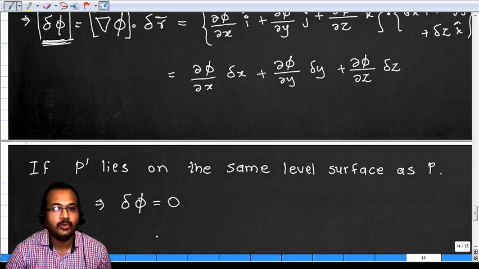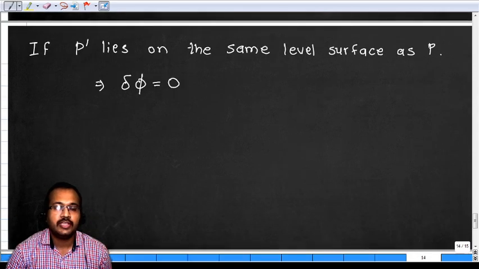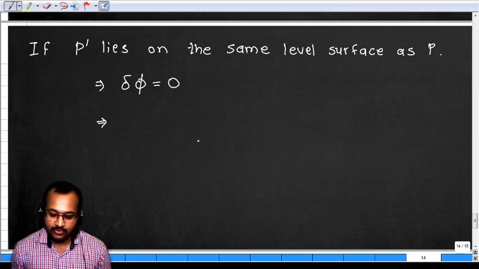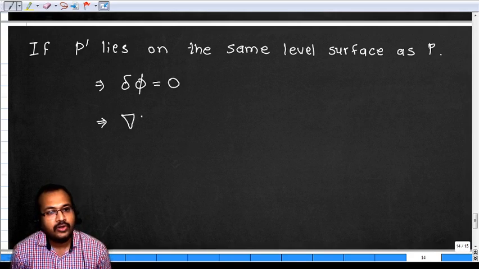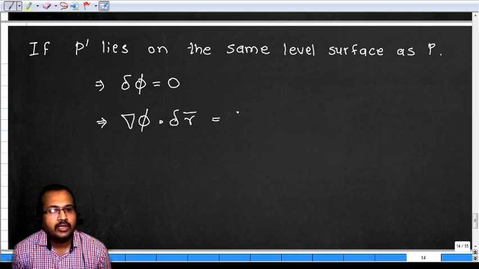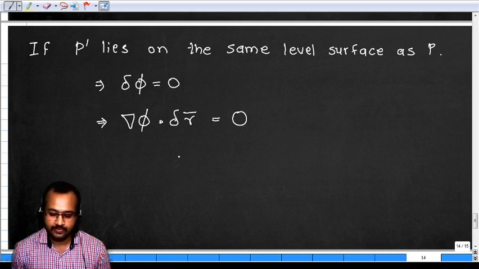So there will be no change in the scalar function phi. So this will imply the value of del phi dot delta r bar is equal to 0.